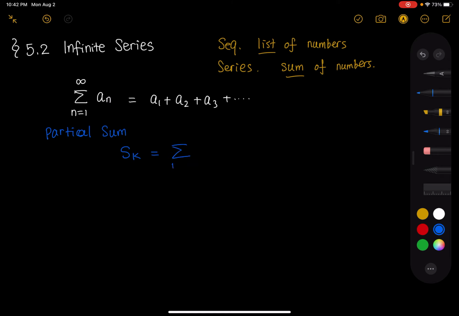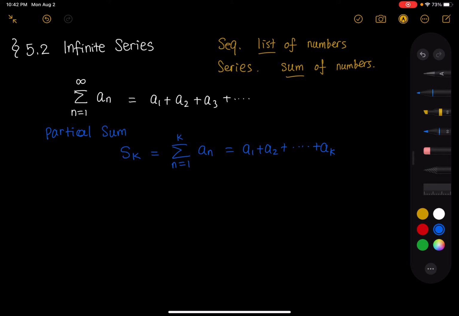It's saying, okay, n from the first term all the way to the kth term of a_n. And if you express that operation, it's just a1 plus a2 plus a3 and so on, and you stop at a sub k because you sum up the first k terms.